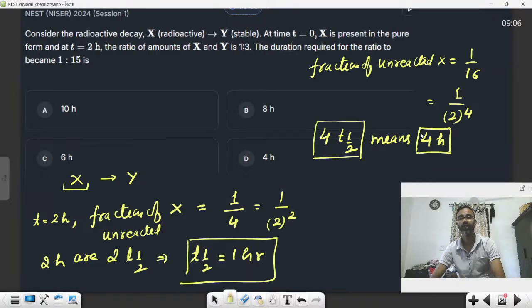So duration required for the ratio to become 1:15 is 4 hours. How did I do it? Just by taking the previous question as reference, you can do it. Ratio of x is to y is 1:3, so amount of x unreacted is 1:4, and for the ratio to become 1:15, it is 1:16.